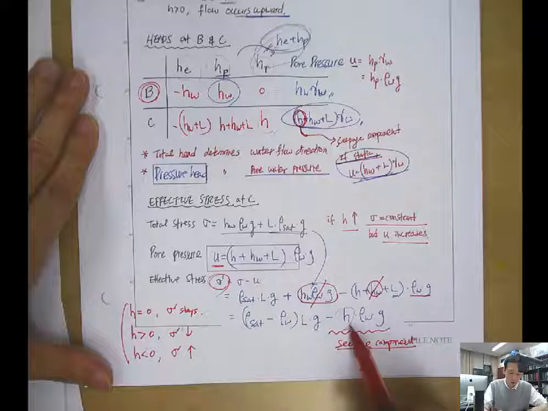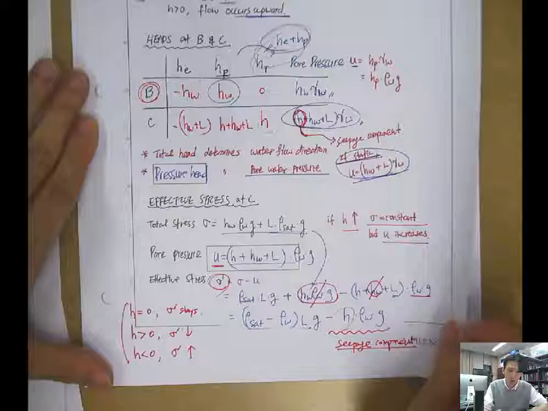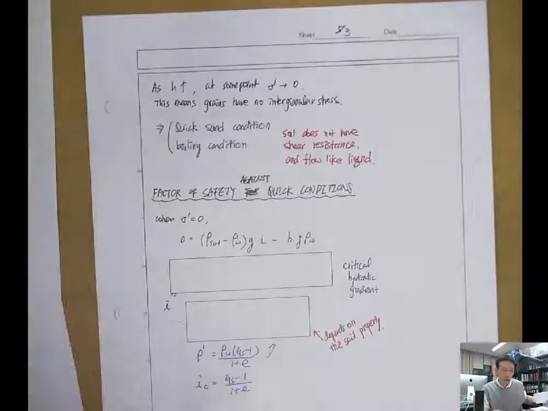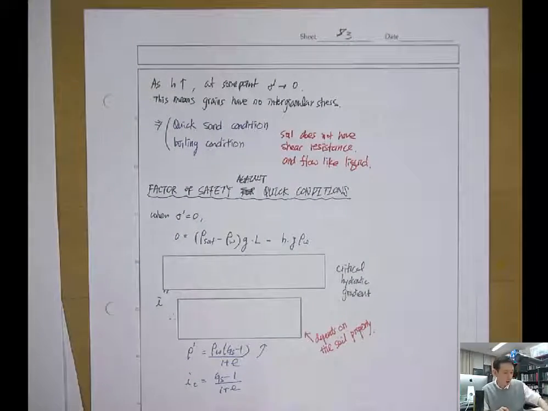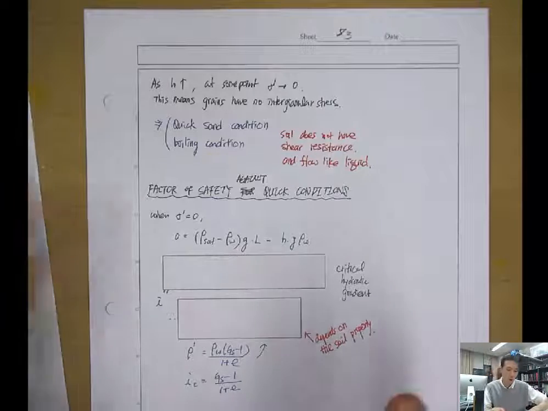If H increases enough, it will cancel out the total stress so that the effective stress is zero. This is called the quick condition, where that stage is defined as failure.